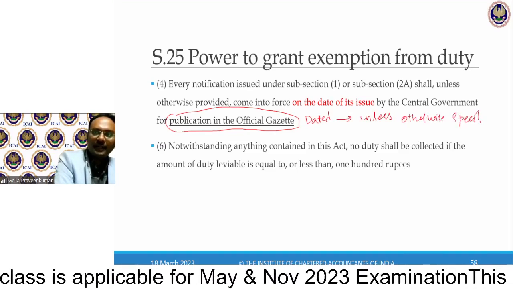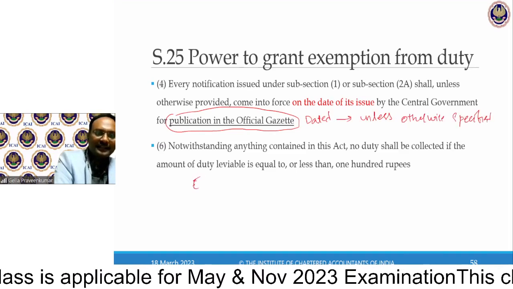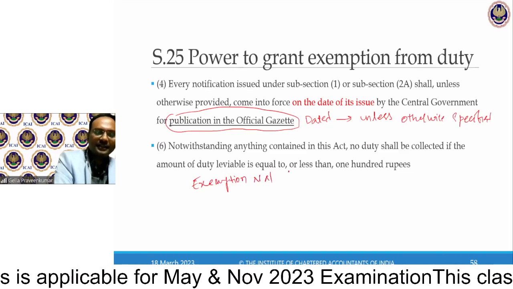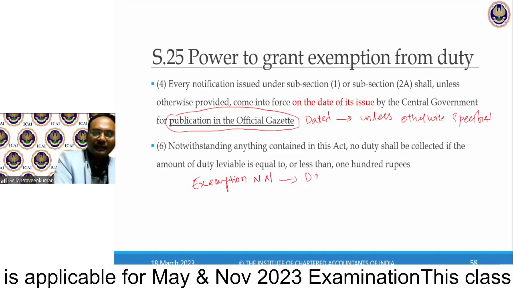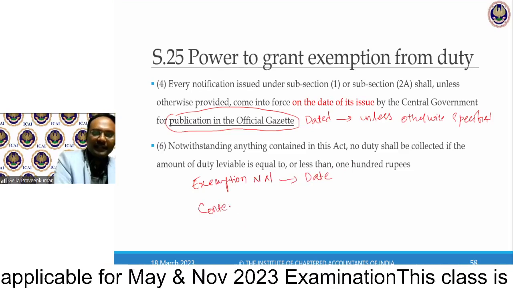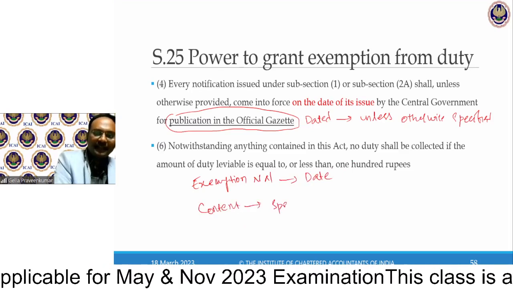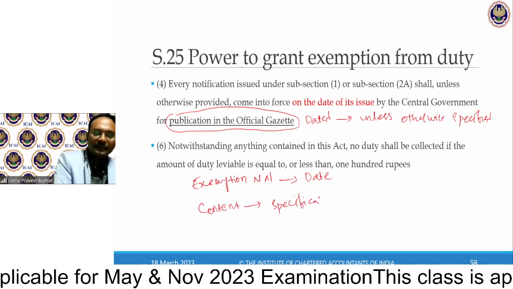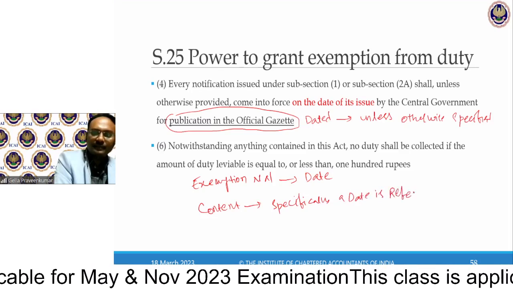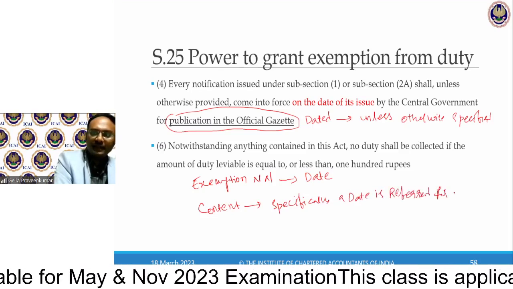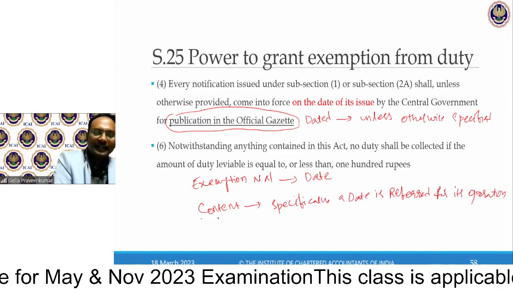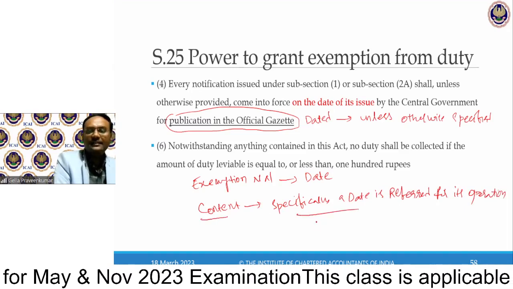Now, very, very important. Whenever you read an exemption notification, please look at the date of its issue. When you read the body, the content, if a date is specifically referred for its operation, then the content where they have given a specific date will prevail.